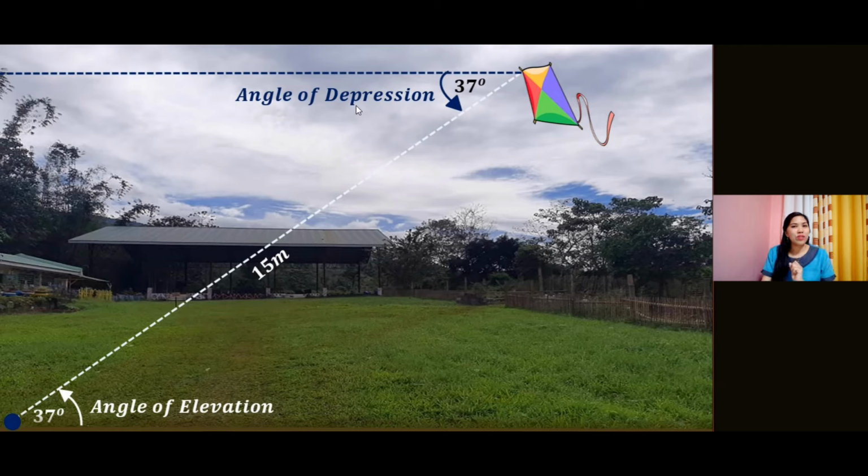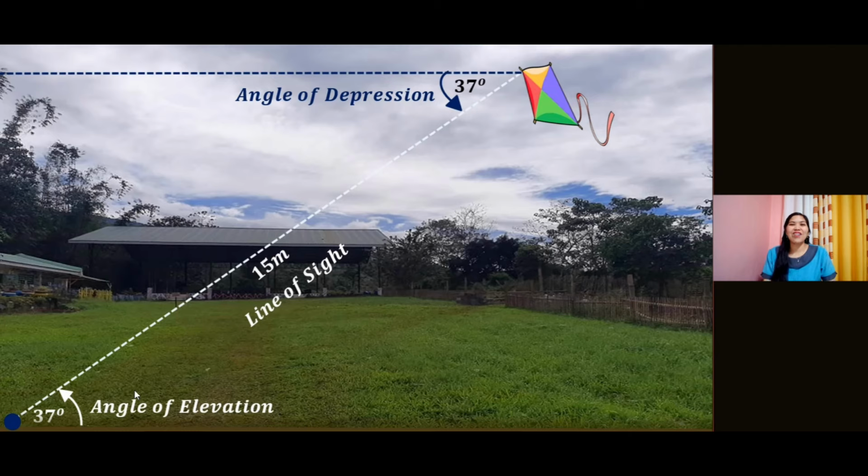Now, how about your line of sight? That is represented by the string of your kite. So this is your line of sight. Now, as you can see here, the measure of your angle of depression is equivalent to the measure of your angle of elevation because these two angles are alternate interior angles.